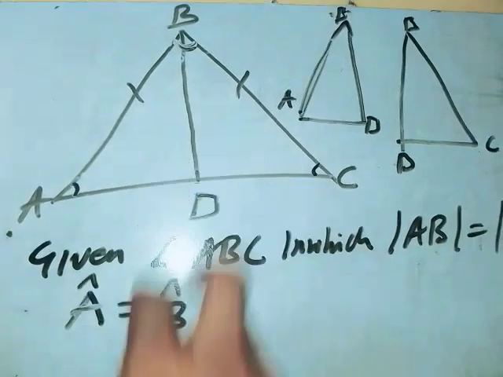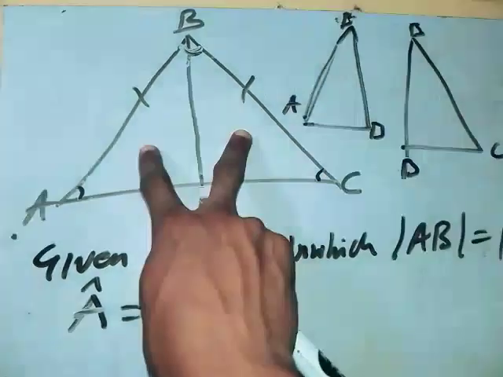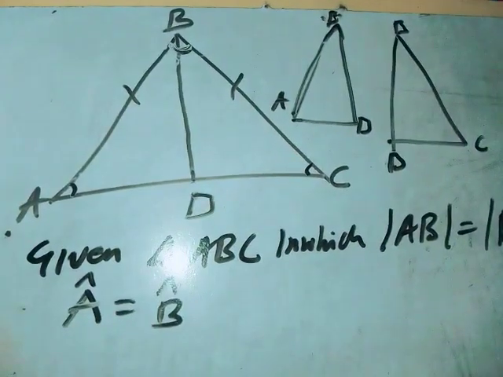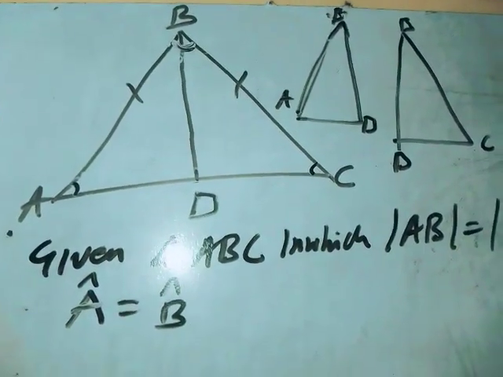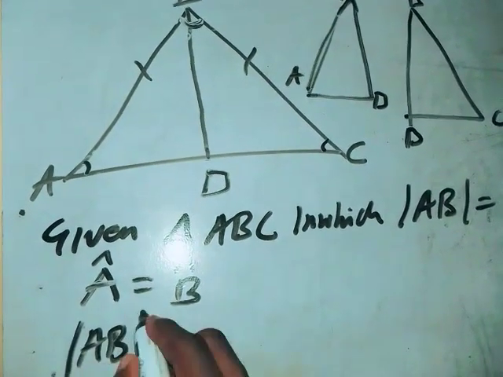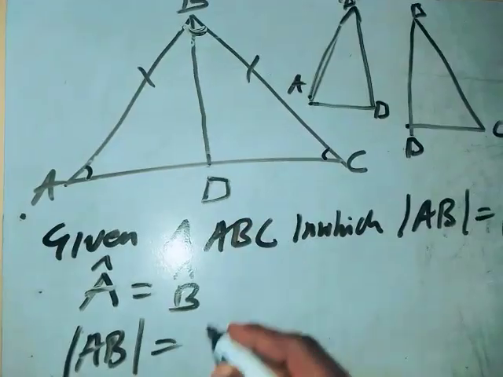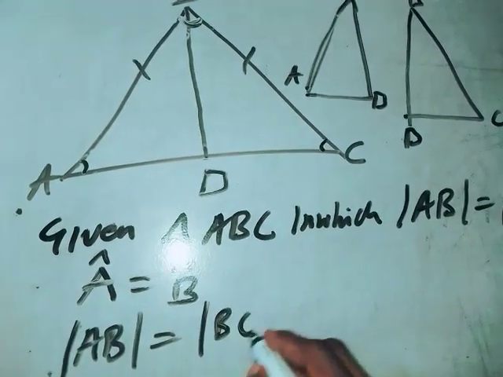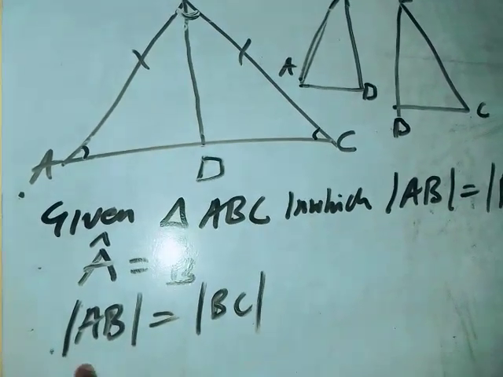Hope you are getting me now. From this drawing that separates this from here, I can now confirm that line AB is equal to line BC. This is equal to this.